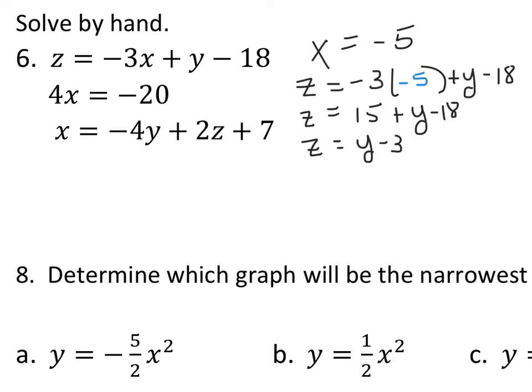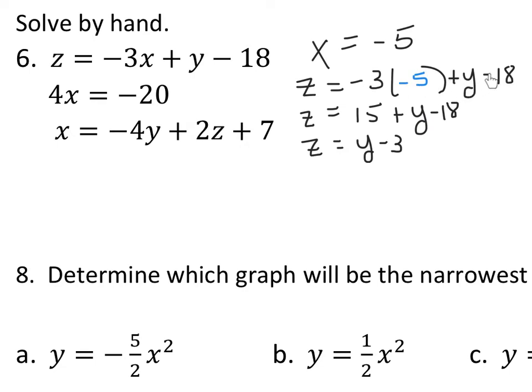Okay, so here I solved for x and I got -5. And then I took this -5 and I plugged it in here into this top equation. I plugged the -5 in for x. So -3 times -5, plus y minus 18.